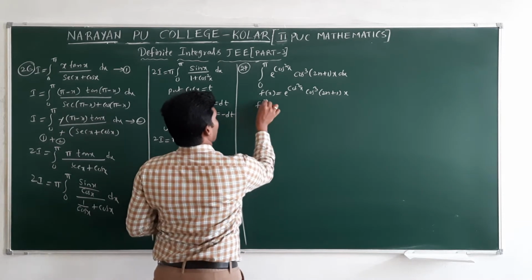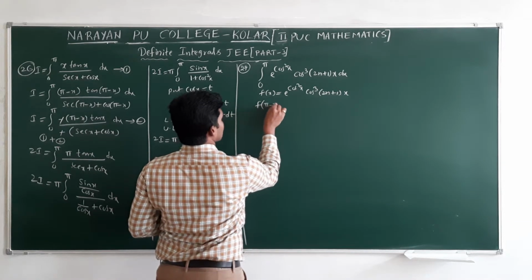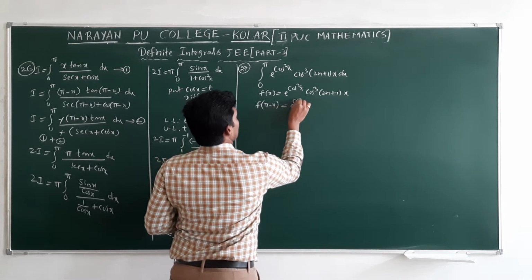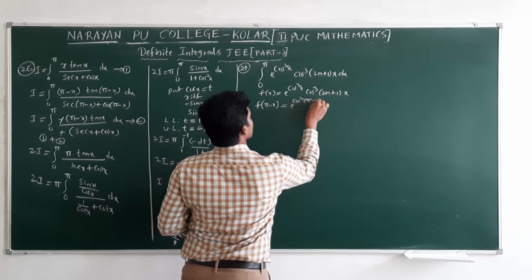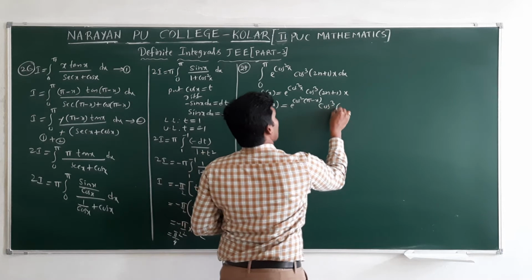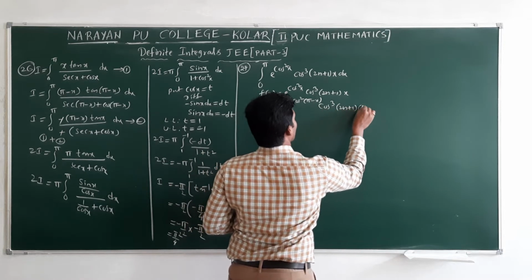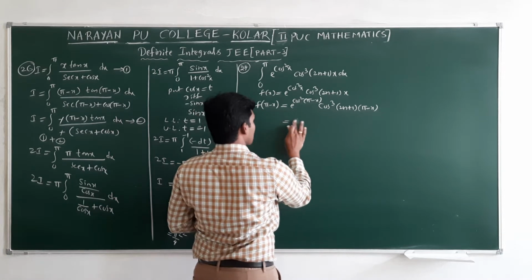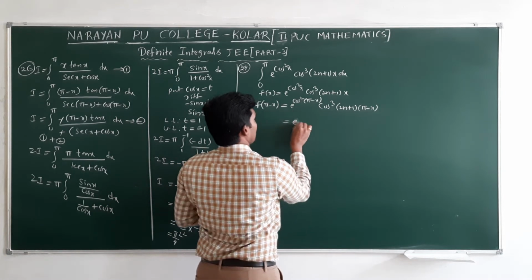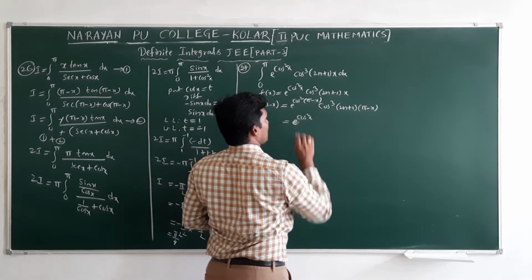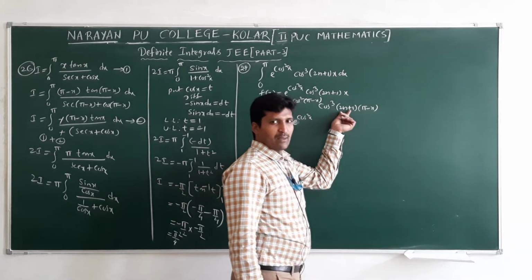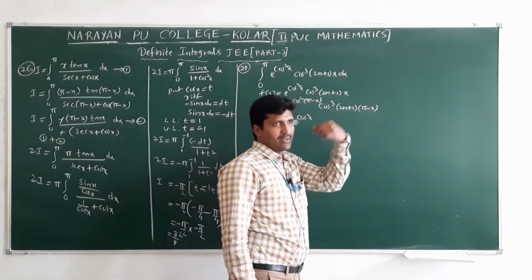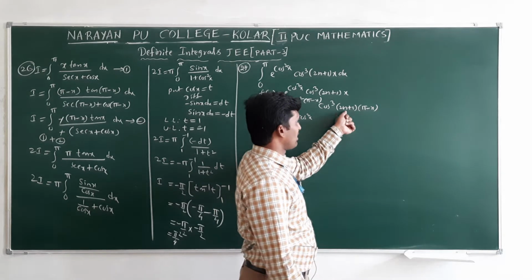According to the property, f of 2a minus x, that is pi minus x: e power cos square of pi minus x into cos cube of (2n plus 1) into (pi minus x). Cos of 180 minus theta is minus cos theta, but the whole square is there, so we get only cos square. This is clearly an odd number: pi minus theta, 3 pi minus theta, 5 pi minus theta, whatever value of n you take.